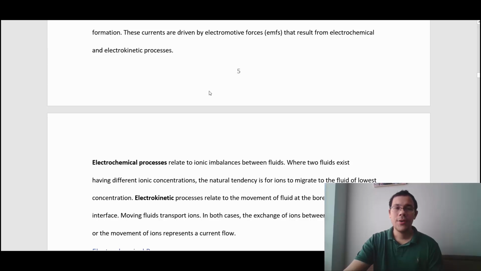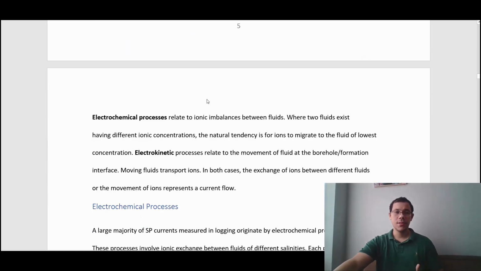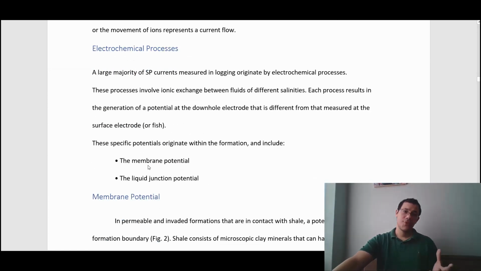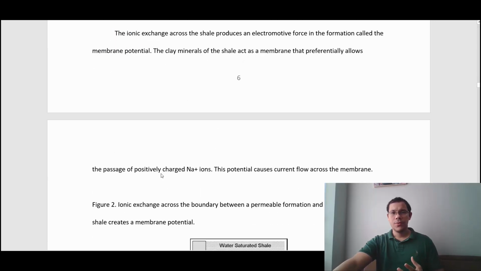So how is that voltage generated? The very first and most important source are electrochemical processes. Within those electrochemical processes, you will be hearing the membrane potential and the liquid junction potential. Let's see what that is. So, membrane potential, there's a cool image for that.